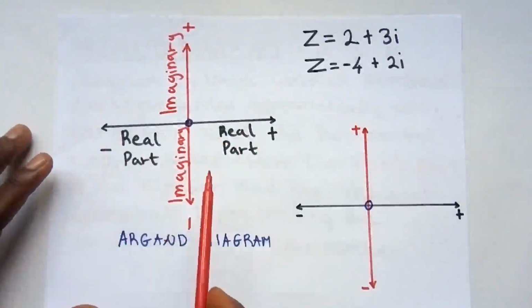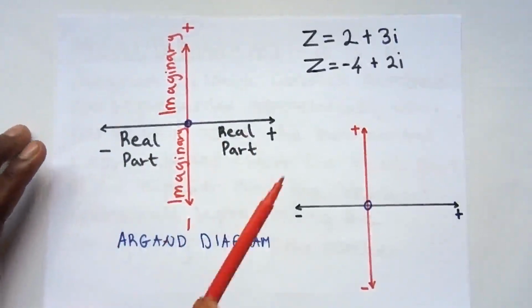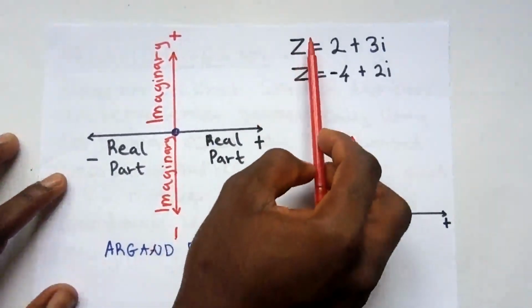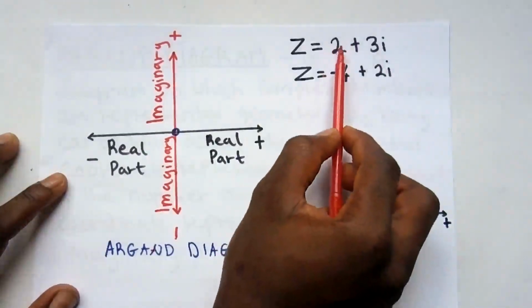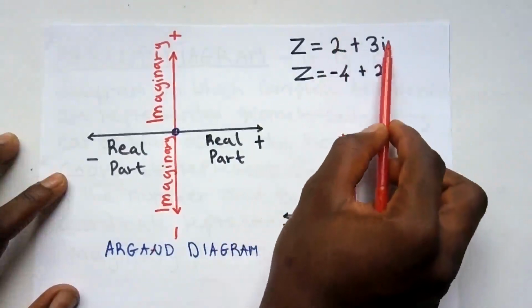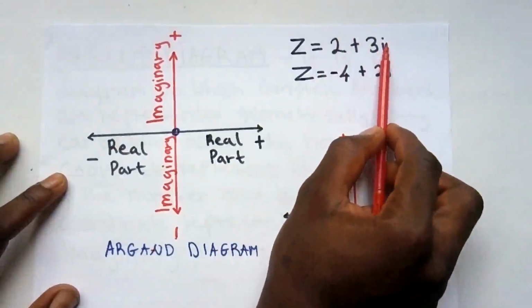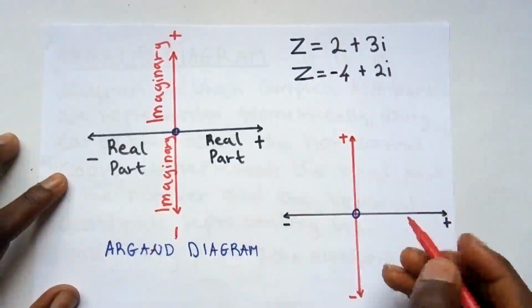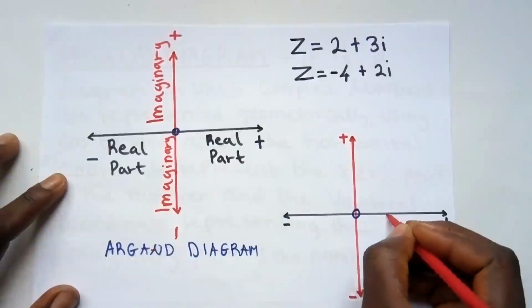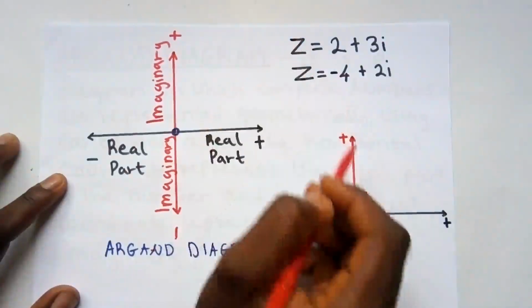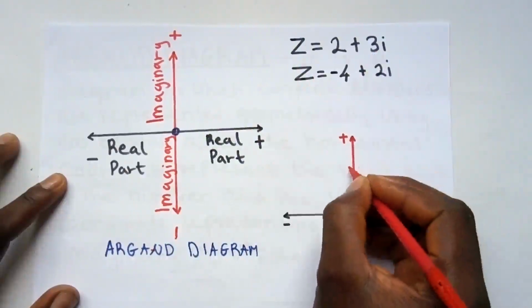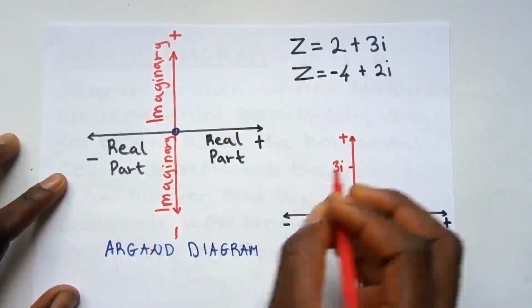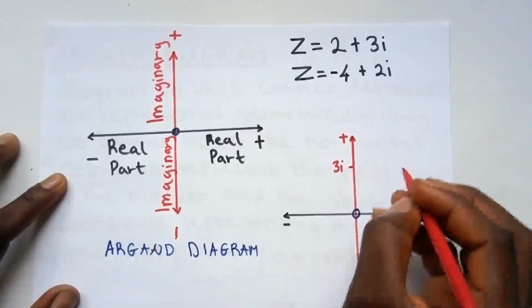Look at how we represent a number in an Argand diagram. This is a complex number. Z is equal to 2 plus 3i. This is the real part of the complex number, and this is the imaginary part of the complex number. So 2, the real part of the complex number, and 3i, the imaginary part of the complex number.